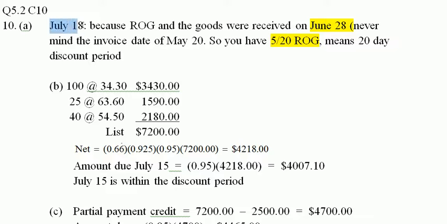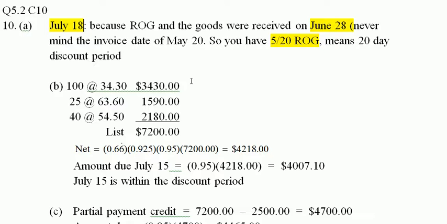So if you paid on July the 18th, then you would just be within the discount period, because there are about 20 days between June the 28th and July the 18th.